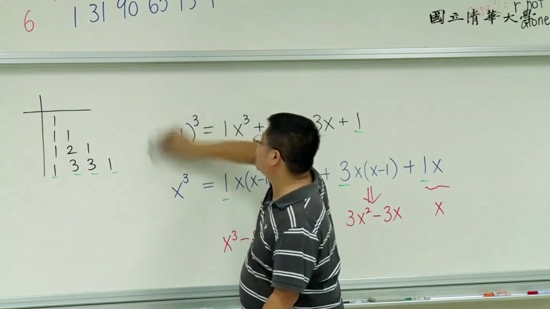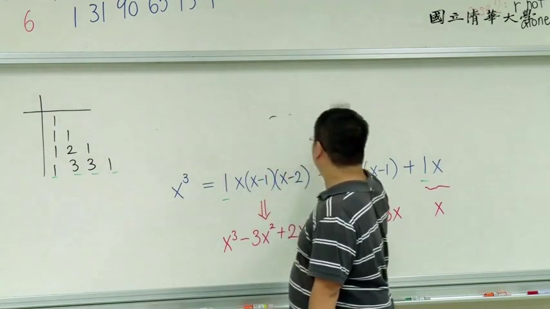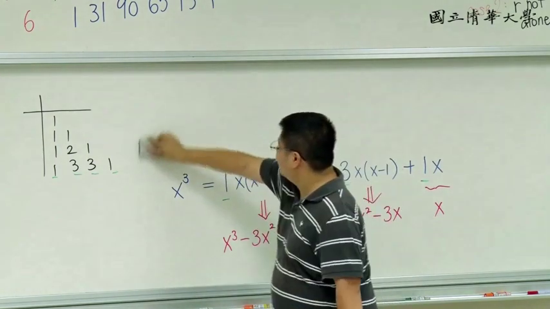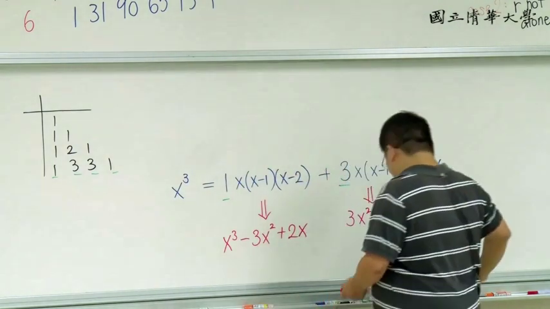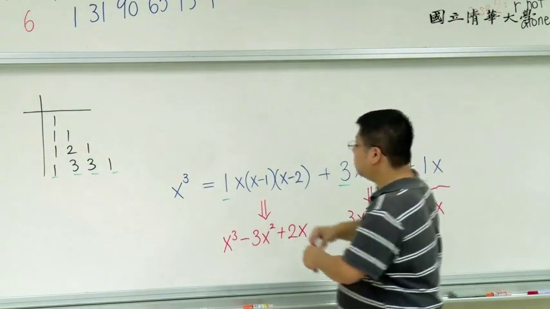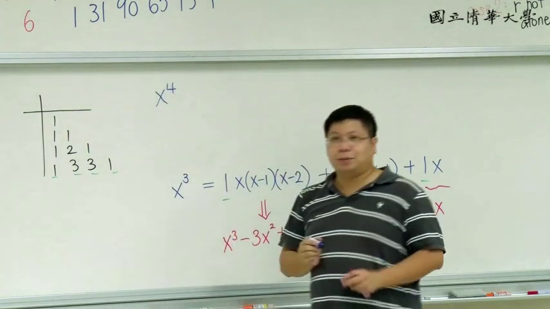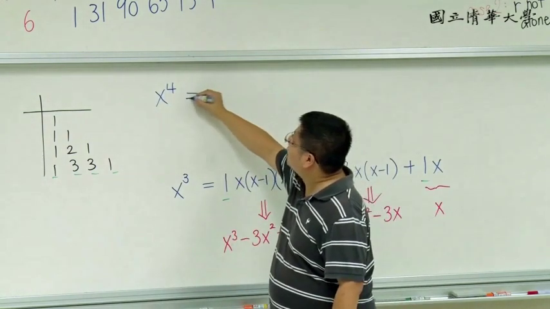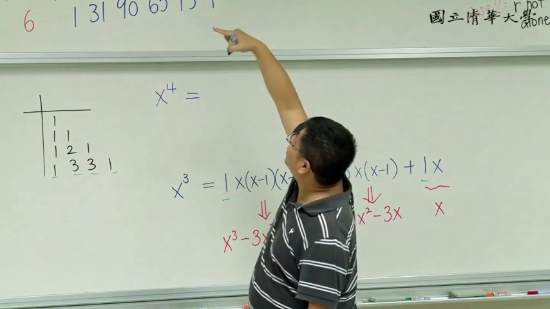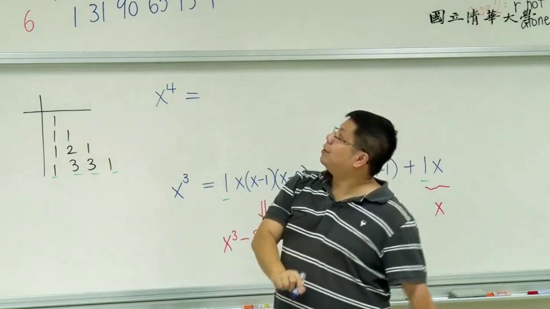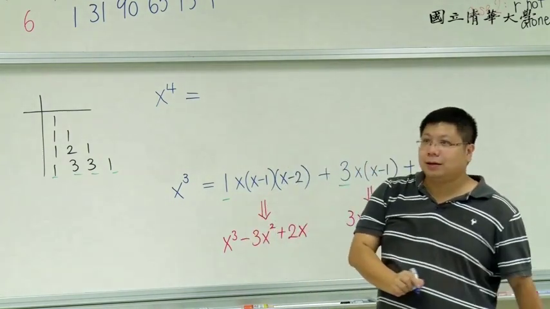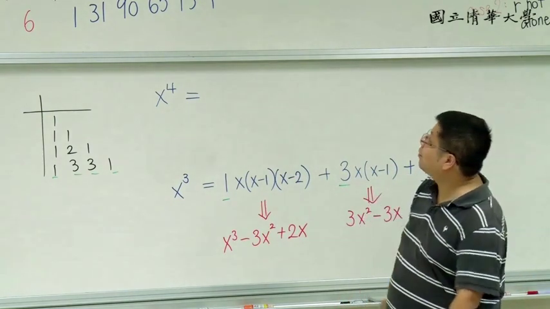Okay, and then what is the next one? How about x to the power 4? For x to the power 4, I look at the fourth row, the row related to 4.